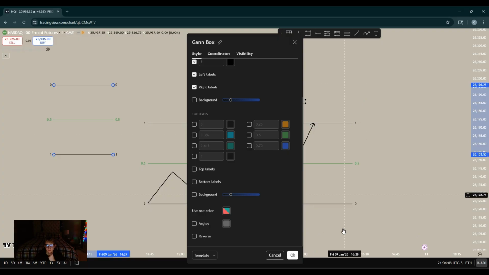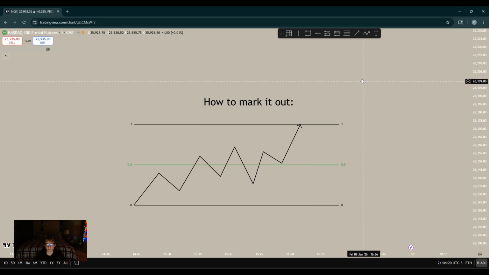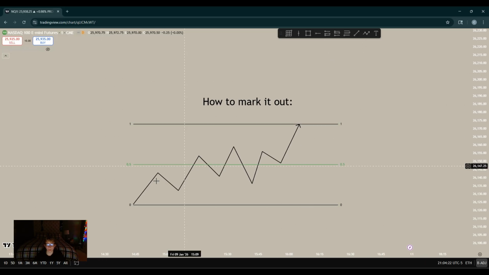Do whatever you want with those settings. But for an uptrend, you're going to mark it from the lowest low up to the highest high. Whatever is in discount, like all this below here, is considered the discount, and this is considered not.